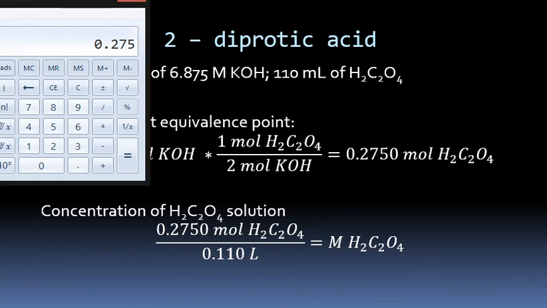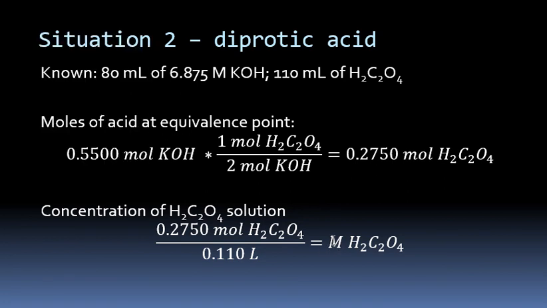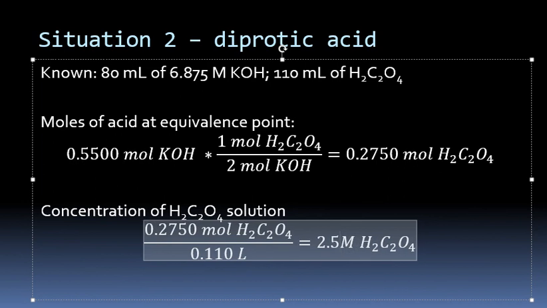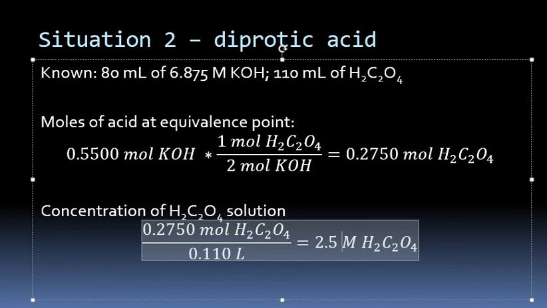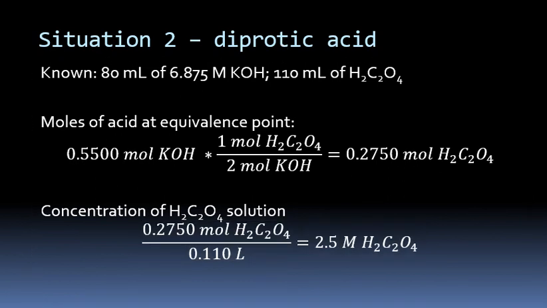So to calculate the concentration of our oxalic acid solution, of our diprotic acid solution, it's just going to be the moles of 0.275 divided by our volume of 0.11 liters, and that will give us a concentration of 2.5 molar oxalic acid. And, well, yeah, there you go.